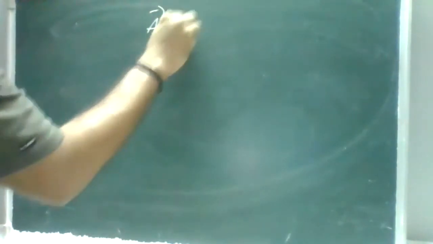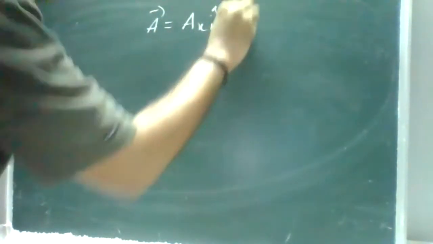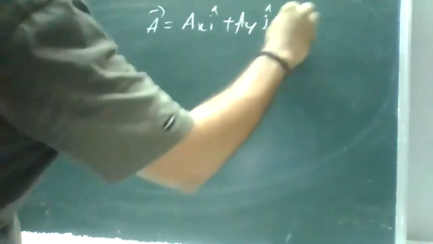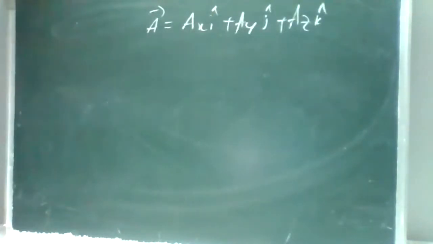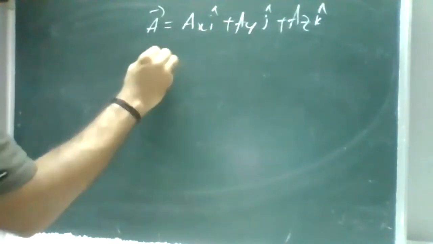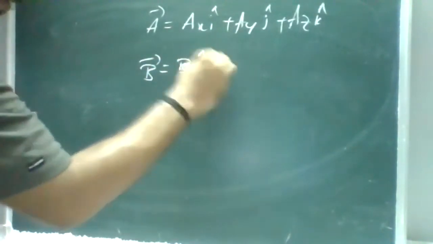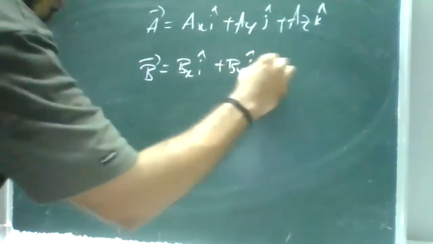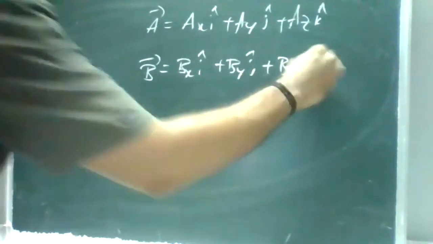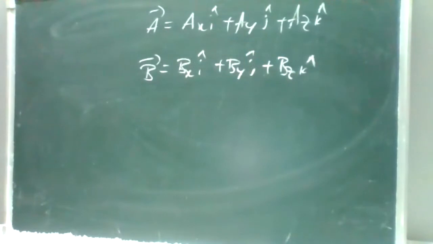When we are multiplying two vectors, assume I'm taking vector A equal to AX i cap plus AY j cap plus AZ k cap, and similarly vector B equal to BX i cap plus BY j cap plus BZ k cap. These are your two vectors. Now I'm going to find the vector product using the matrix multiplication method.